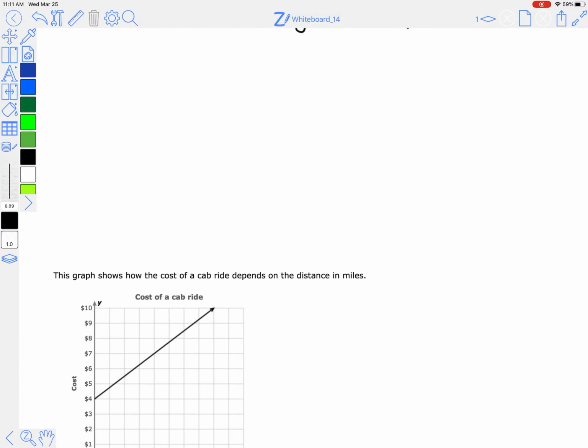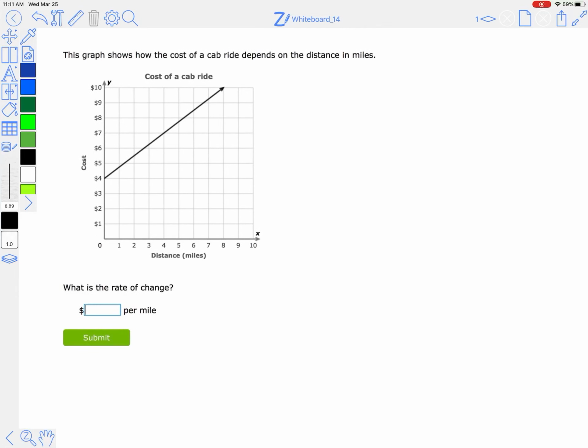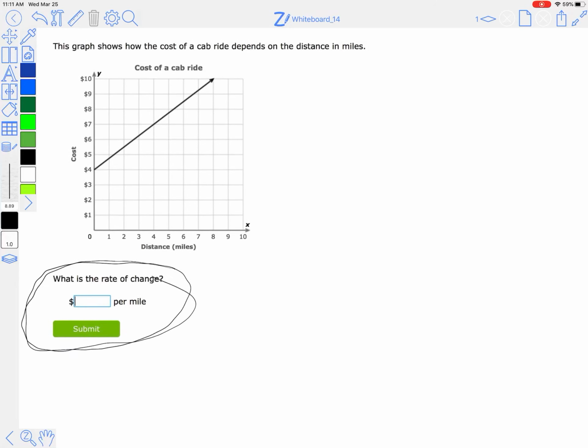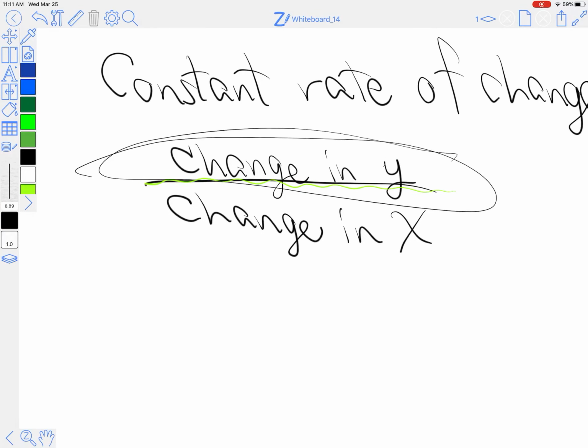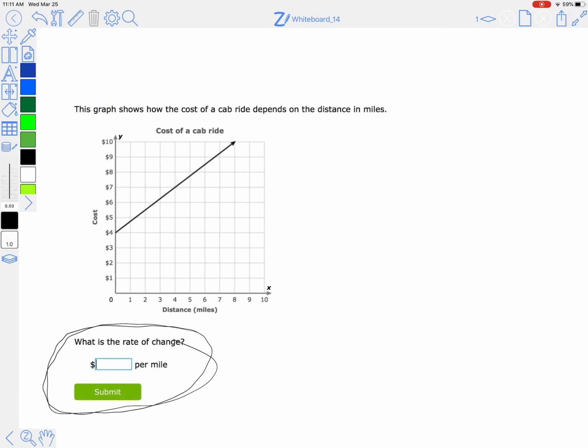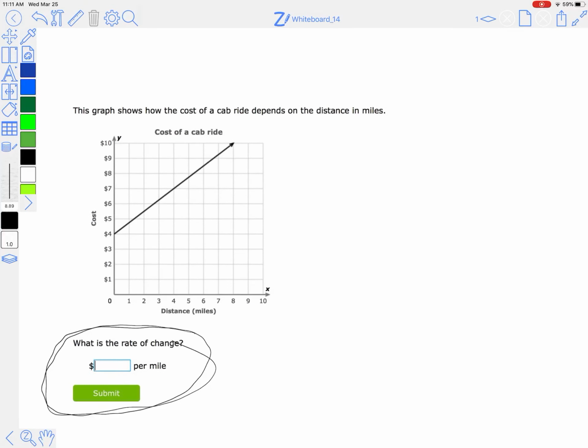Means the same thing. So when I look at this one here, it's asking me what is the rate of change. And what we just talked about was that the rate of change is the change in y. How much does y change? So I'm going to look at this graph, and it starts out right here at $4.